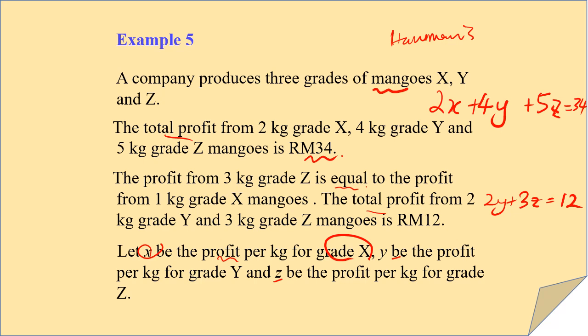Okay, they said here in the middle, the profit from 3 kg of Z equal to profit from 1 kilogram of X. So 3 kg of Z, the profit equal to 1 kilogram of X. Means that 3 multiplied with the profit for grade Z is equal to 1 kilogram of profit of grade X. So we have this type of equation.